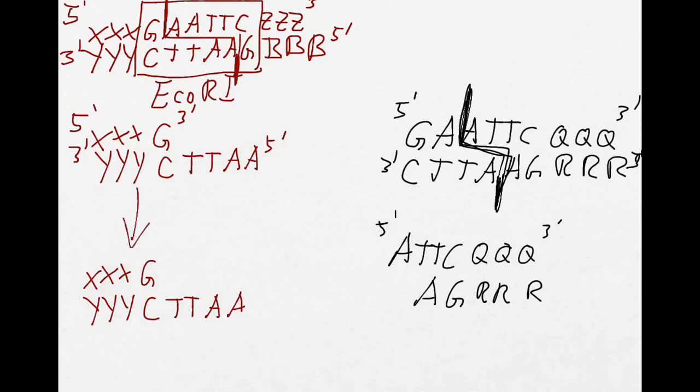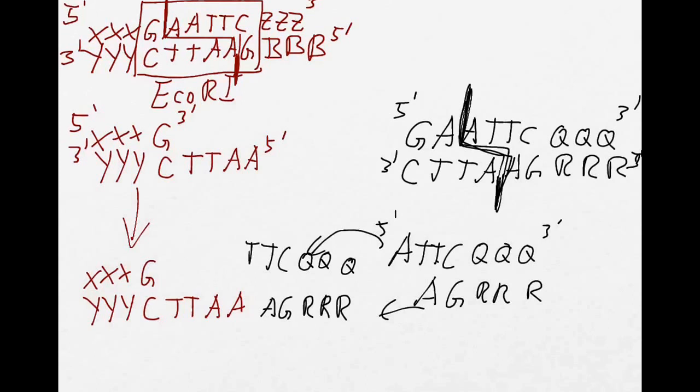And now we try to put this one in here. So at the bottom, that would be the A, G, R, R, R. That's this bit here. And the top would be Q, Q, Q. And then we have the C here. And then we have a T. That's this one here. And then we have another T.